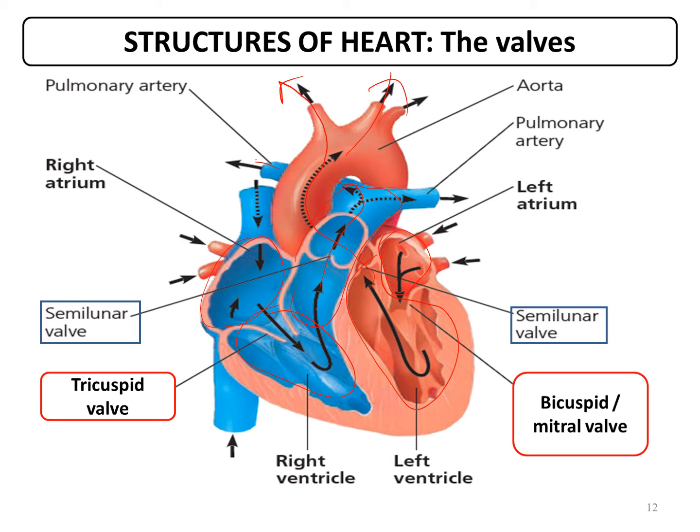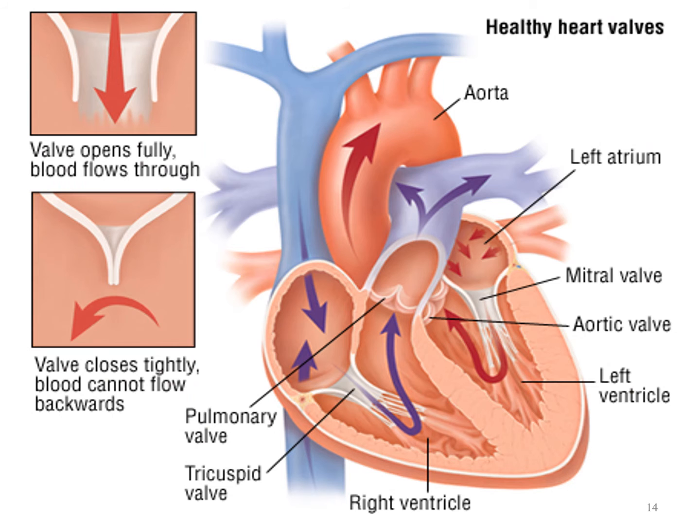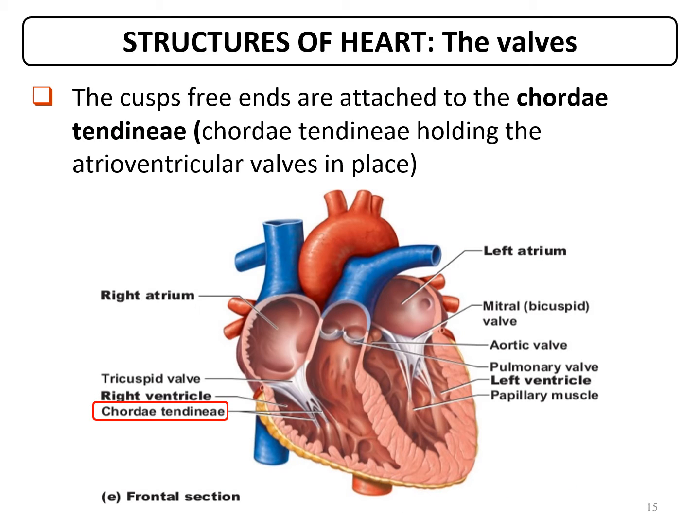The right atrioventricular valve is called the tricuspid valve, which separates the right atrium and right ventricle, while the bicuspid valve or mitral valve separates the left atrium and the left ventricle. The cusps' free ends are attached to the chordae tendineae, holding the atrioventricular valves in place.